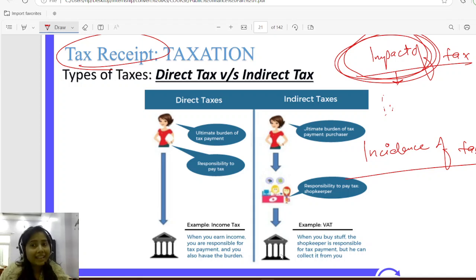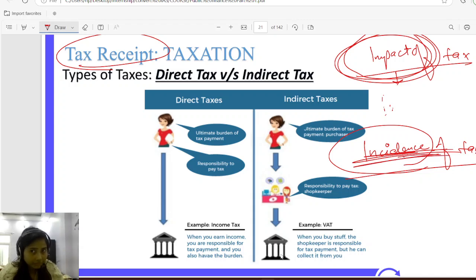So in that case, incidence of tax is not on me but on that person who is actually bearing the tax. So if being a producer, I am charging extra tax percentage or tax prices for my consumer, then the consumer will be having this incidence of tax. Okay, so impact, who is actually responsible for tax; incidence, who is actually bearing the tax.